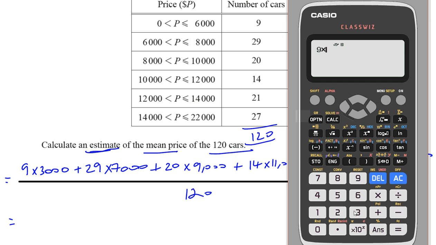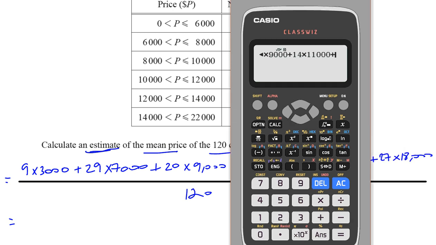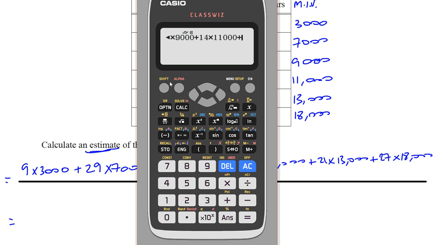So 9 times 3,000 plus 29 times 7,000 plus 20 times 9,000 plus 14 times 11,000. Okay, plus, move along a bit, I've got 21 times 13,000.